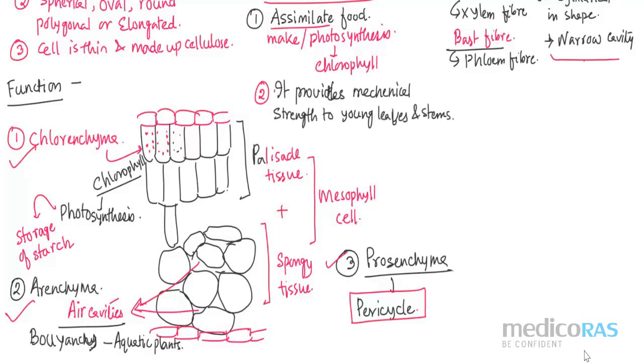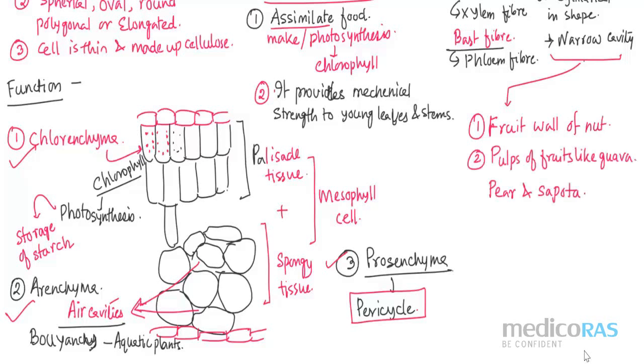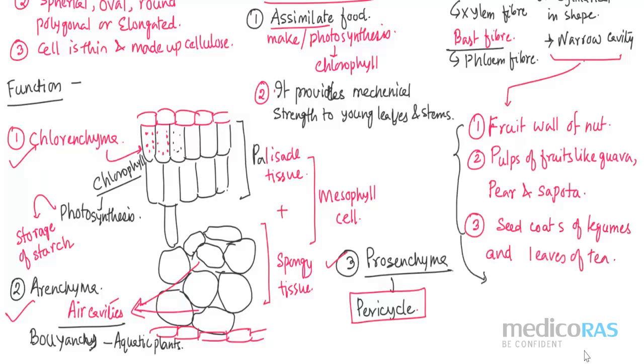On the sclerenchyma, the sclereids are present in the fruit wall of nuts, pulps of fruits like guava, pear and sapota, seed coat of legumes and leaves of tea. By understanding their position, it is very clear that it provides mechanical support to the plant. There is a difference between complex and simple tissue.